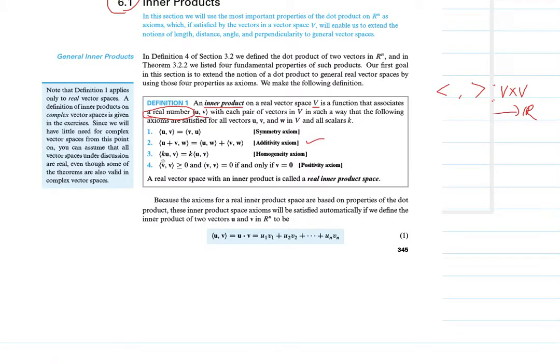And next one, inner product of KU, V equal to K inner product UV, where K is a scalar quantity, and inner product VV greater than or equal to 0 and inner product VV equal to 0 if and only if V equal to 0. So if these conditions are satisfied, we say that it is an inner product, and a real vector space with an inner product is called a real inner product space.